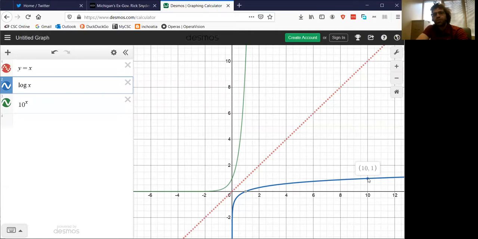So exponentials and logarithms are closely related to each other, as one would expect from the definition of a logarithm. They are inverses of each other.